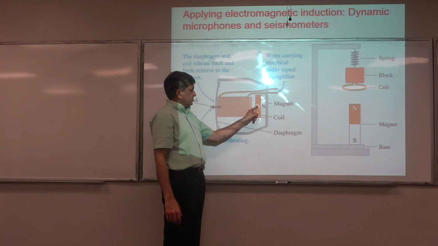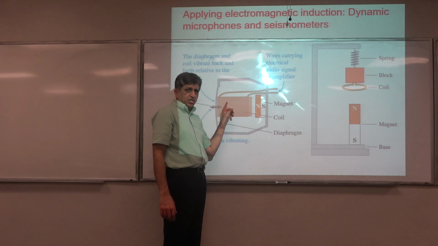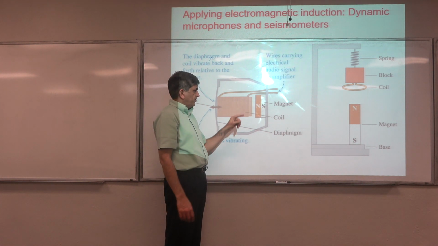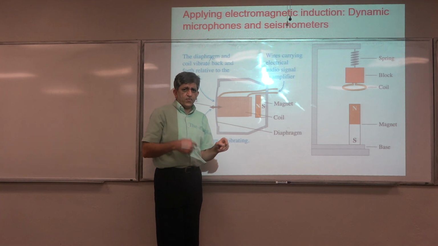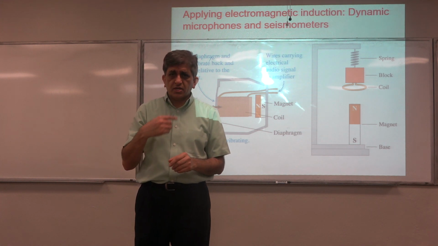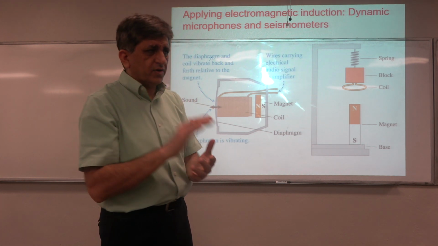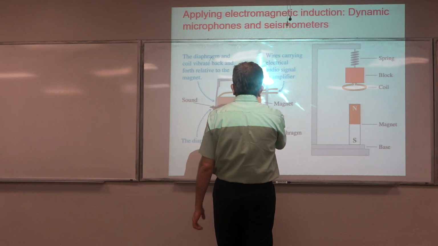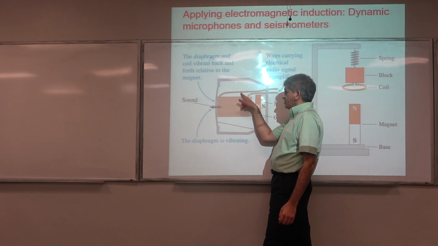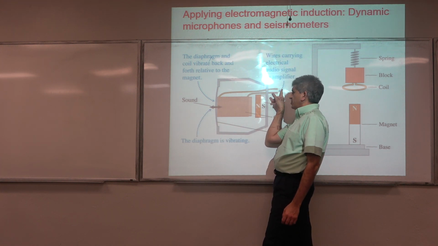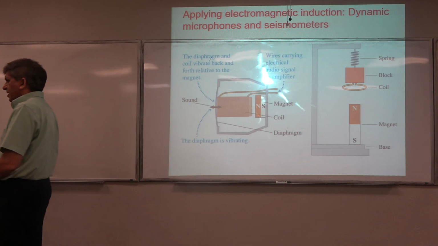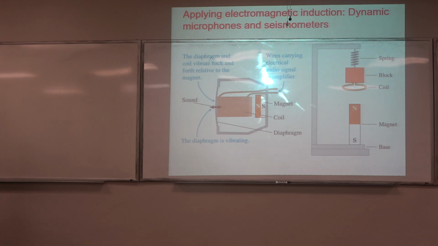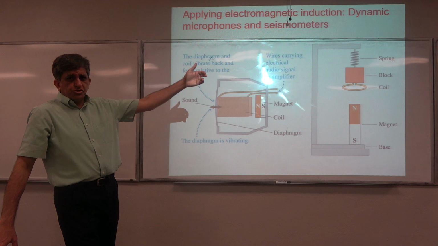As a result, the magnetic field will change through this coil and the current will be induced. Depending on the pressure of your sound waves, that will induce the current, and then this electrical signal will go to the amplifier because the microphone is attached to the amplifier. The amplifier will enhance the signal, and then this electrical signal goes to the loudspeaker.